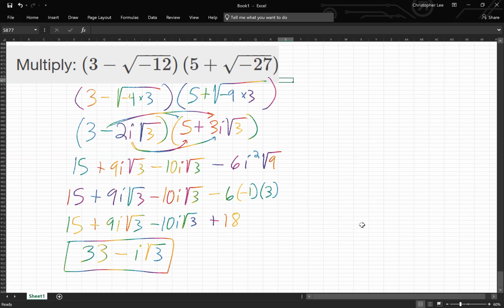So -2 times 3 is -6. i times i is i squared, square root 3 times square root 3 is square root 9. Oh, because it's -2 times +3. Yeah, like over here, this part up top. It's -2 times +3. Yeah, well, that's the square root of 9.